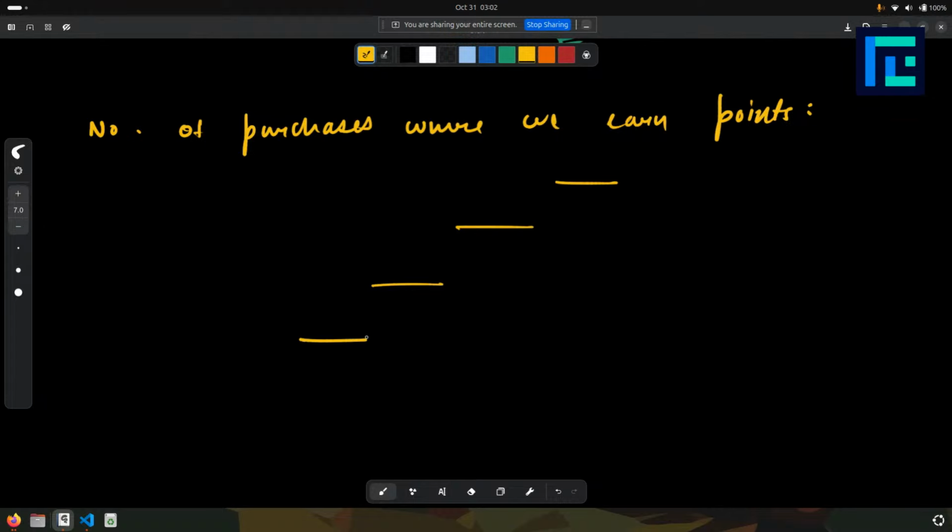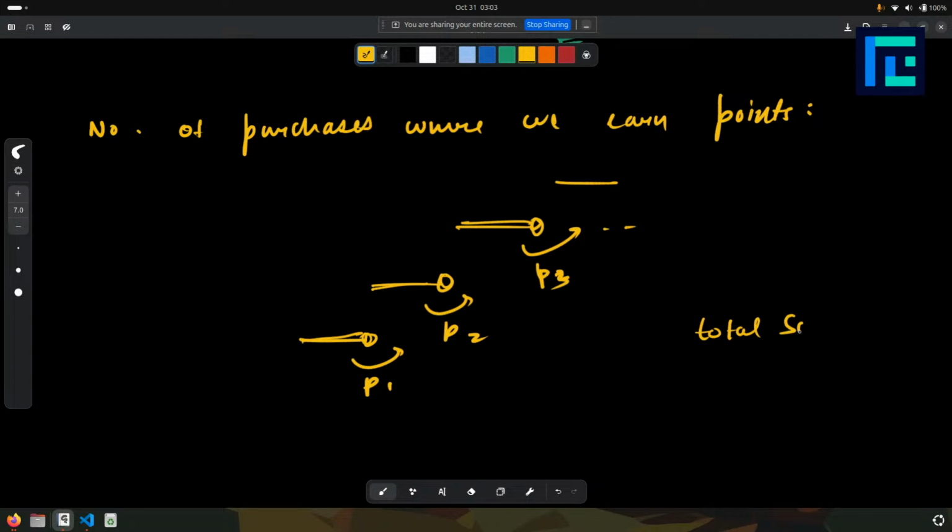Whenever our score crosses these boundaries, we will earn that amount, whatever amount we use to cross it: P1, P2, P3, and so on. So what is the maximum number of times that we can cross these? That would be basically floor of total sum upon X.